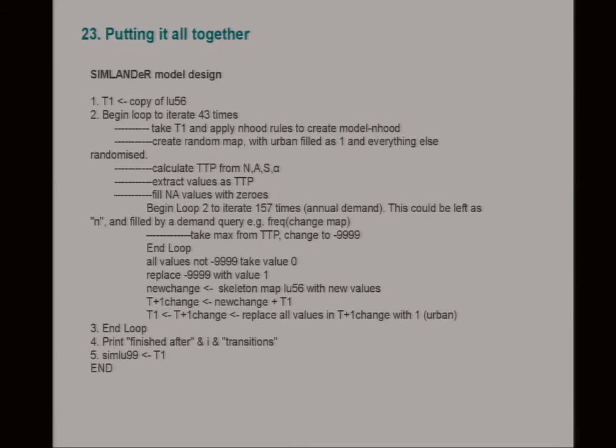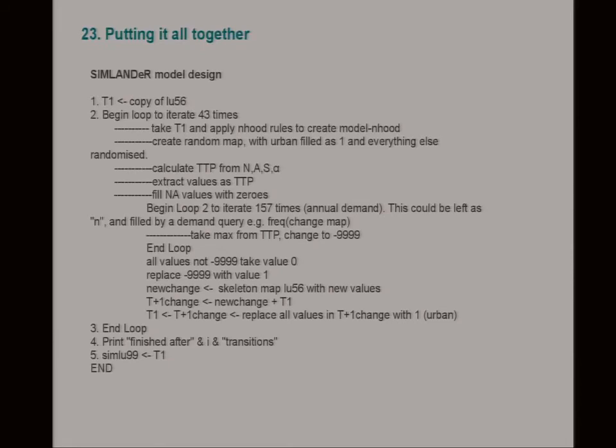This is my pseudo code. Again, I repeat, I'm not a programmer. One of the things you'll see here is I've got a loop within a loop. It hasn't actually seemed to create me too many problems, but I think there are definitely better ways to do this. What we're doing is running the neighbourhood rules. We're creating our random map, then we're calculating our total transition potential just by multiplying these things together.